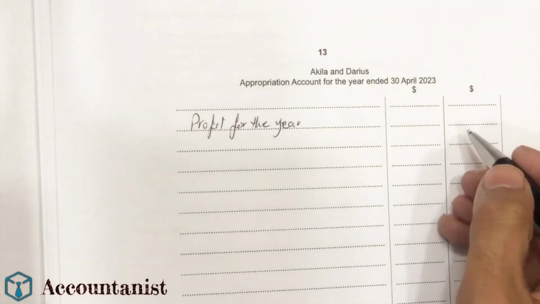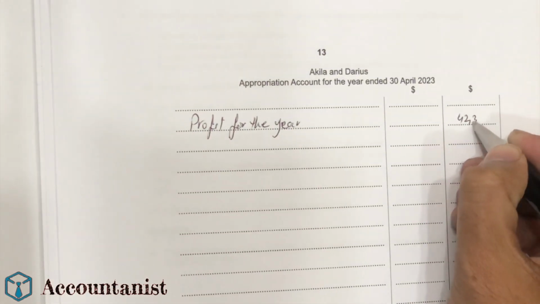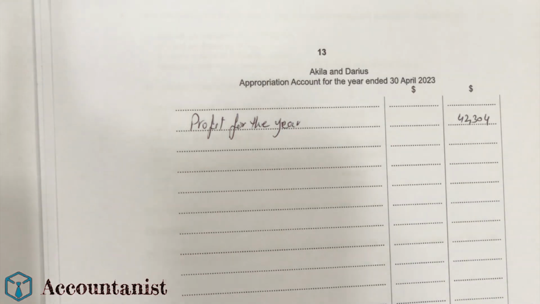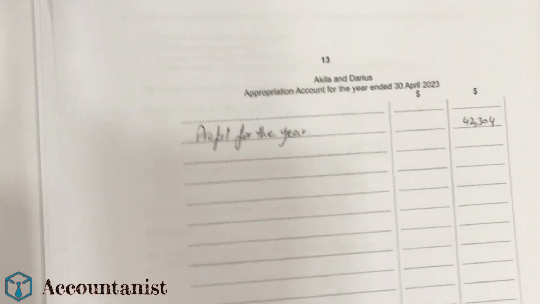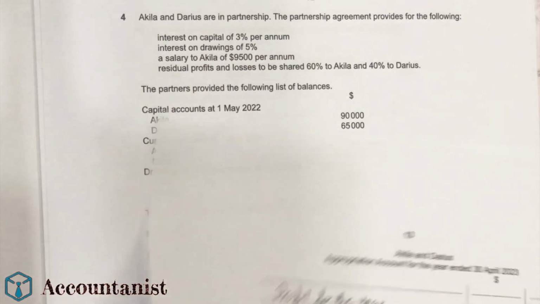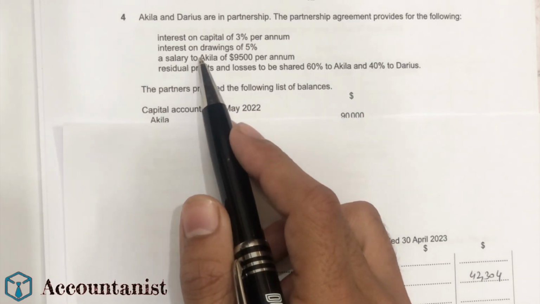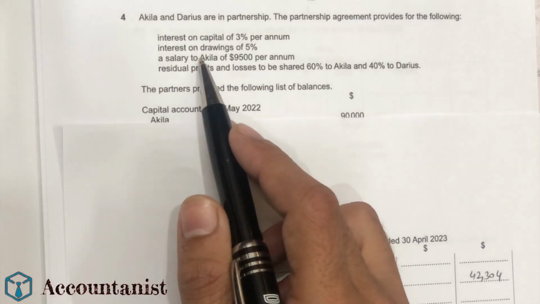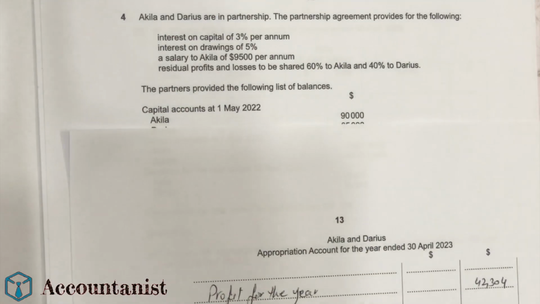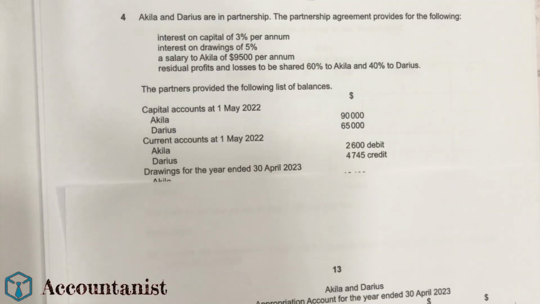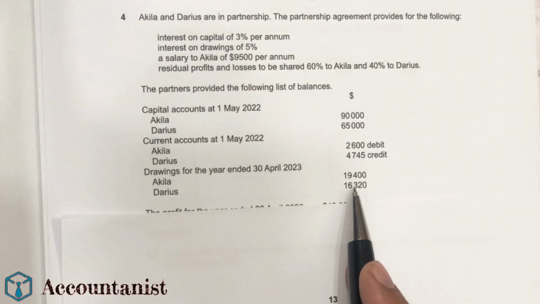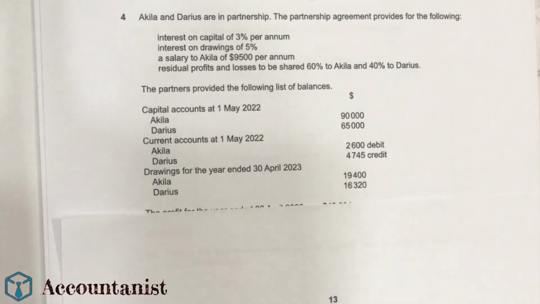So 42,304 will come up here. The next adjustment we need to make is the first one, interest on drawings, because this is the figure we need to add to the profit for the year. So interest on drawings is 5%, and we have drawings of 19,400 and 16,320.